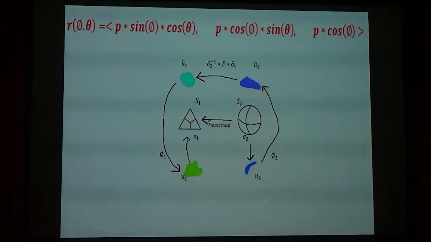So what this allows us to do is to construct this Gauss map as a composition of transformations in a two-dimensional domain. We take some kind of information that has been parametrized with respect to coordinates of curvature on a sphere. We map that back down into a two-dimensional domain. And then we map this to some kind of intermediate domain.